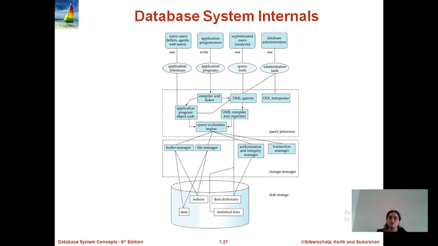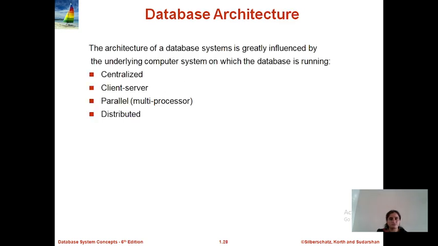The data is stored within the disk storage: the data, indices, data dictionary and statistical data. The database system architecture is generally influenced by the underlying computer system on which the database is running. It may be centralized, client-server, multiprocessor, or distributed. Thank you all.